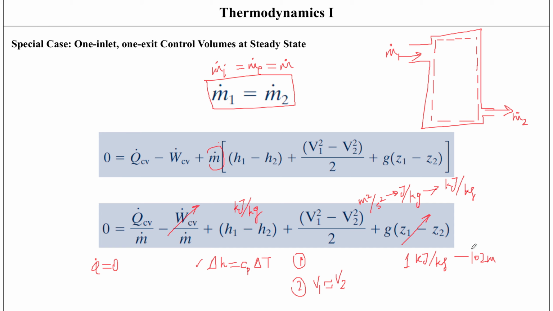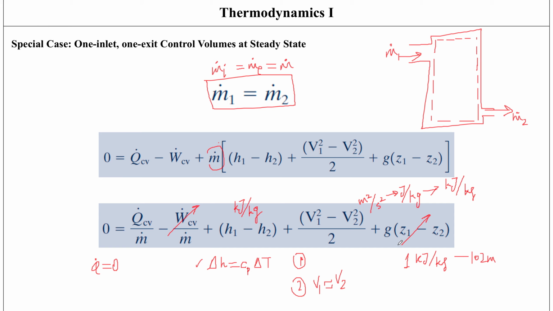So usually in industrial devices, like turbines or compressors, the elevation doesn't change this much at all. So the potential energy term is always neglected for those kinds of devices. The only time the potential energy term is not neglected is when we are looking at a process about pumping a fluid to higher elevations, and we want to see the required pumping power. That is the only time you don't neglect it. Otherwise, you end up neglecting this term.